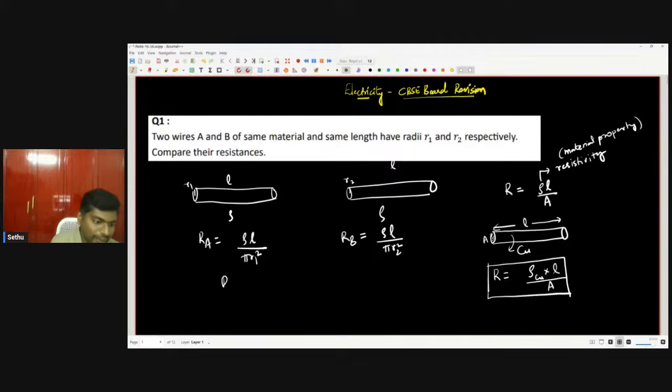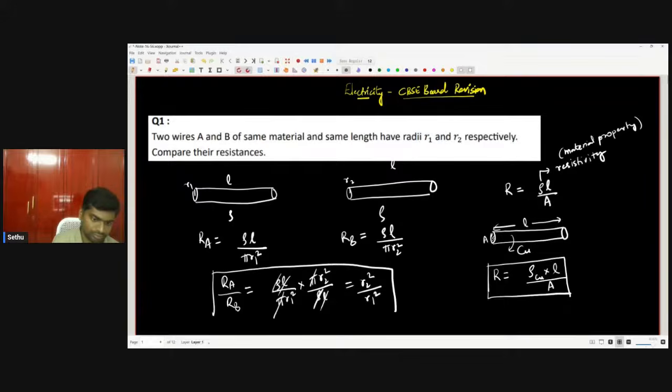So if you calculate RA by RB, this is rho L upon pi R1 square into pi R2 square by rho L. Pi gets cancelled, rho L gets cancelled. This is R2 square by R1 square, the ratio of the resistances. RA by RB is R2 square by R1 square.